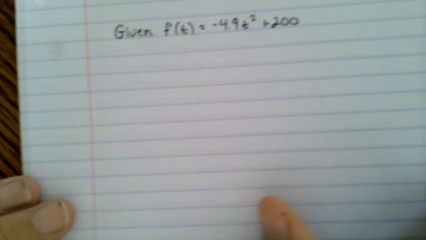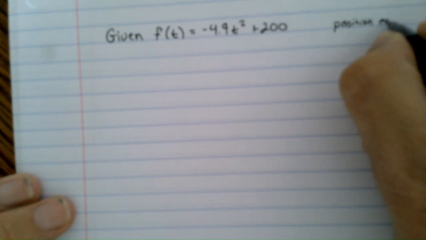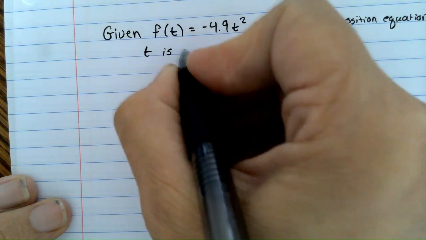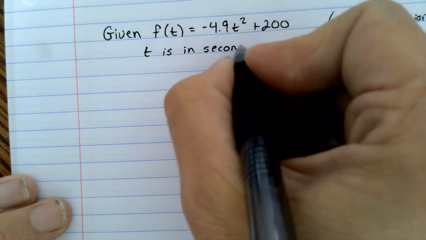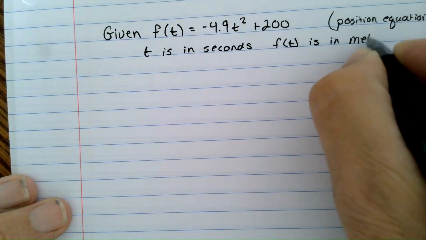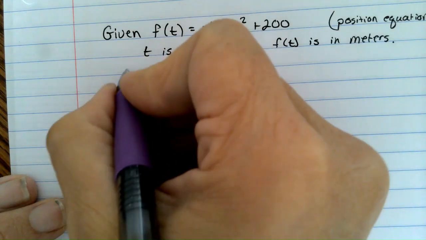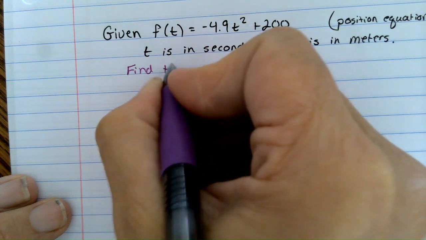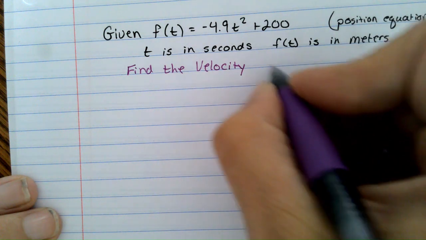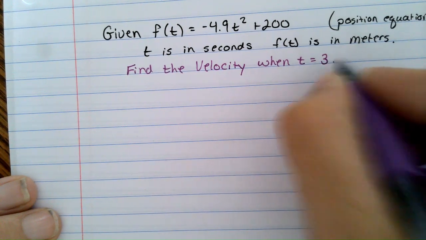Now notice I gave you that that's a position equation. t is in seconds, and f of t is in meters. Find the velocity when t equals 3.